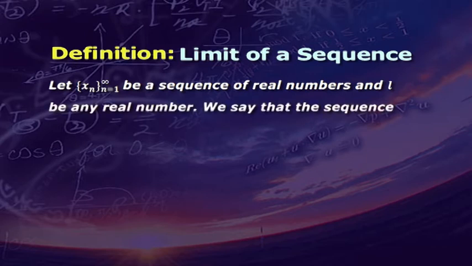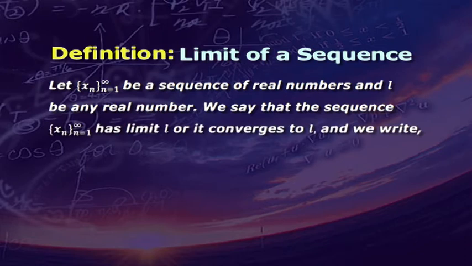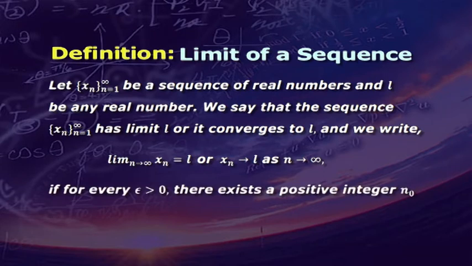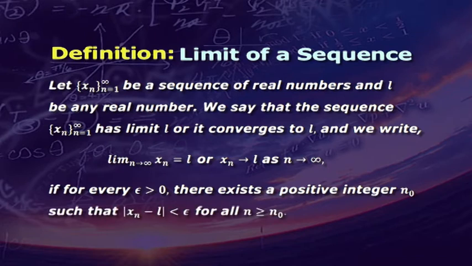We say that the sequence x_n has limit L or it converges to L, and we write limit of x_n as n goes to infinity equals L, or x_n goes to L as n goes to infinity, if for every epsilon greater than 0 there exists a positive integer n_0 such that |x_n minus L| is less than epsilon for all n greater than or equal to n_0.